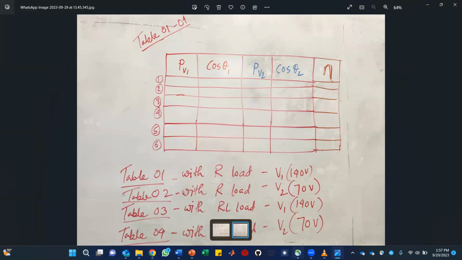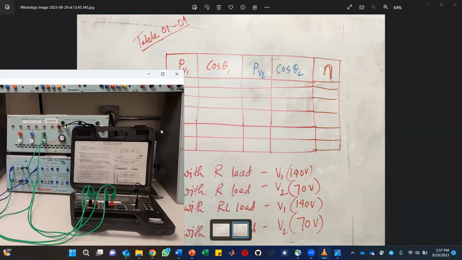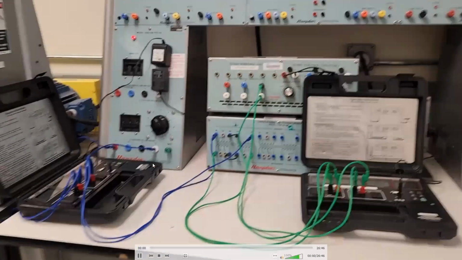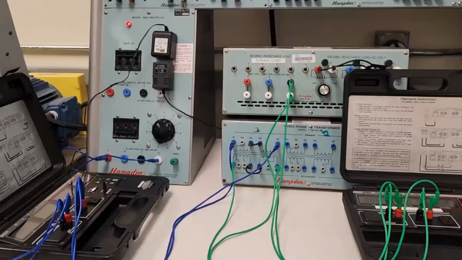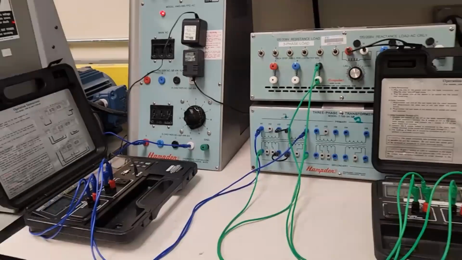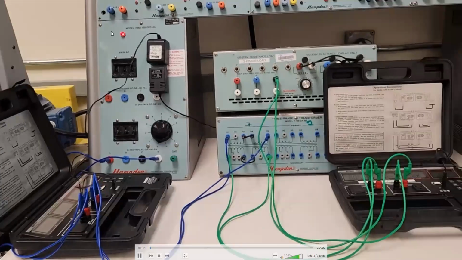So for that, let's go and see how we actually managed to conduct the experiment. Hello. As already explained, today we're going to do the efficiency test of a single phase transformer. So this is the setup.